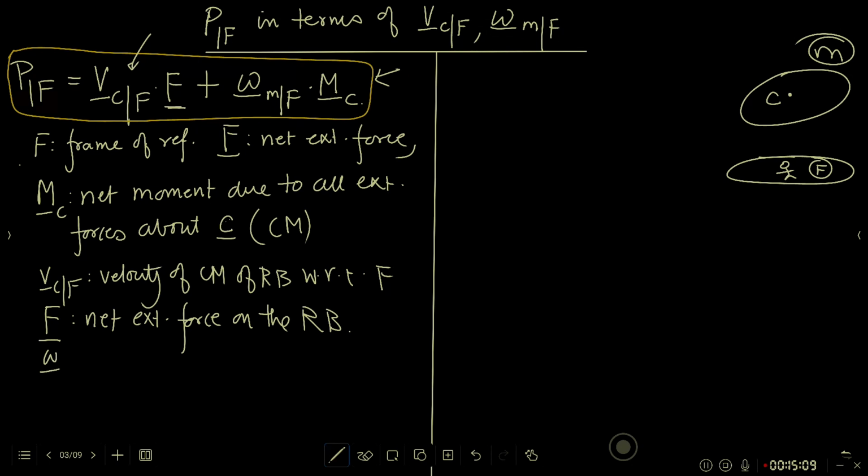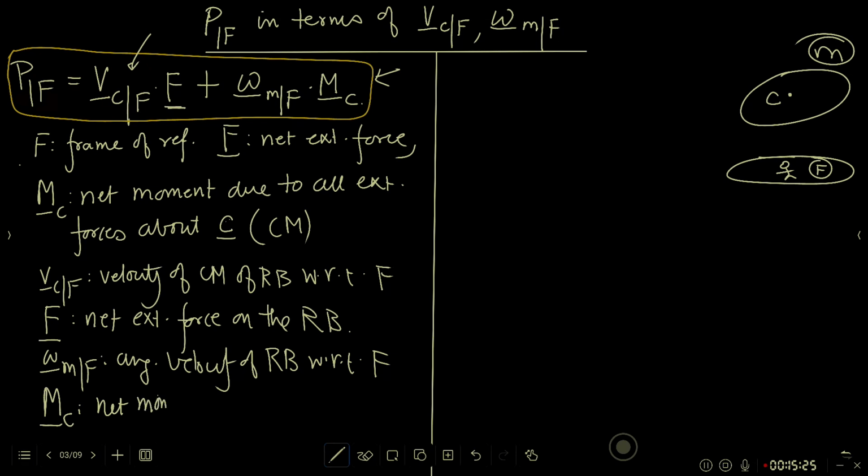And omega RF is the angular velocity of Rb with respect to F. And MC is the net moment due to all external forces, due to the entire external force system, about C.